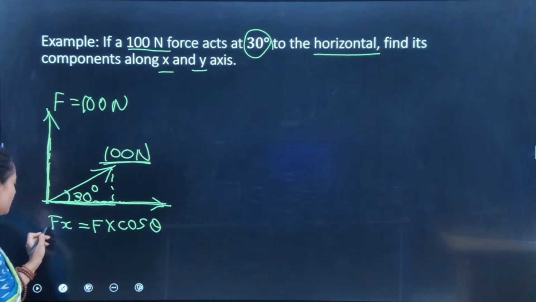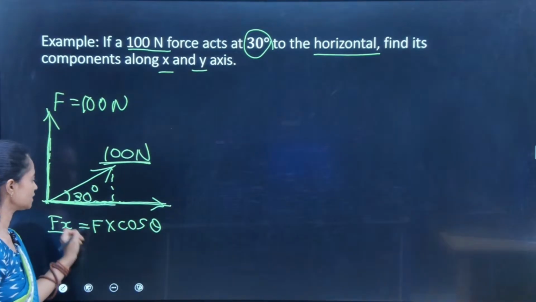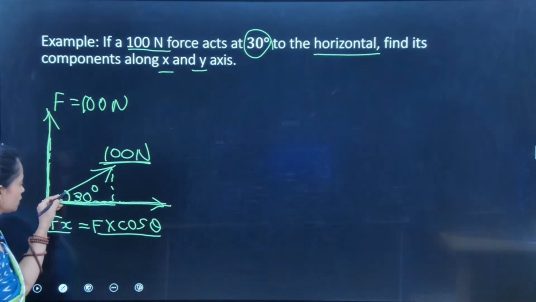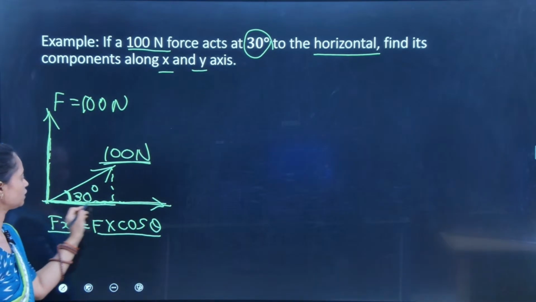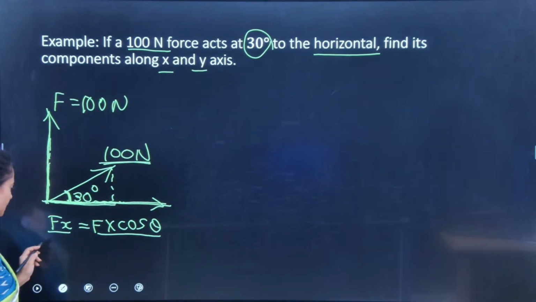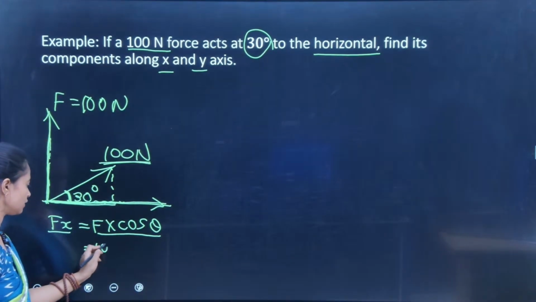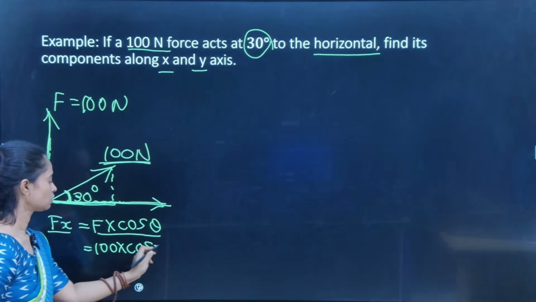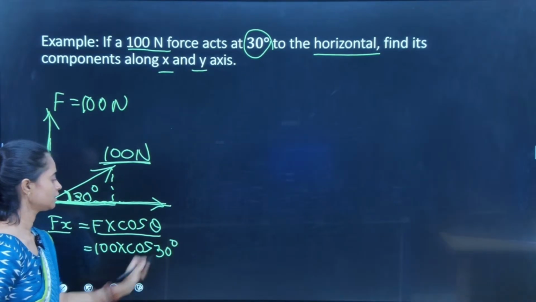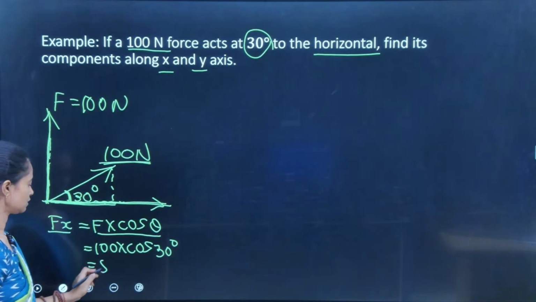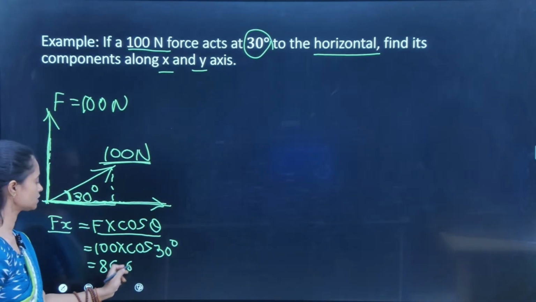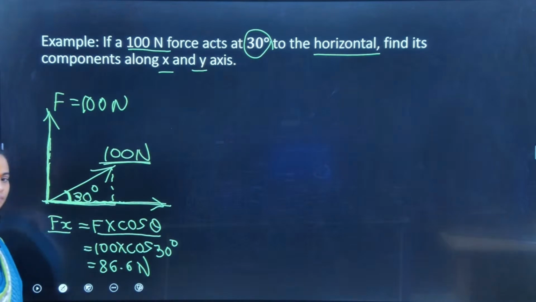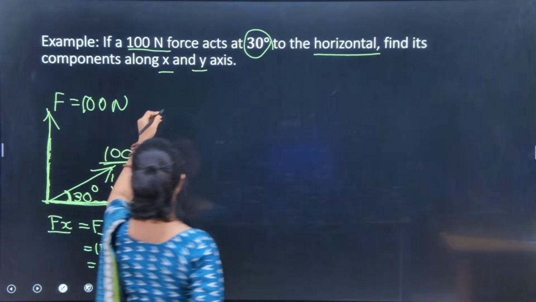Why am I taking this component as the cos component? Because theta is with the horizontal. So what will be the value here? 100 into cos 30 degrees, and that is 86.6 Newton.